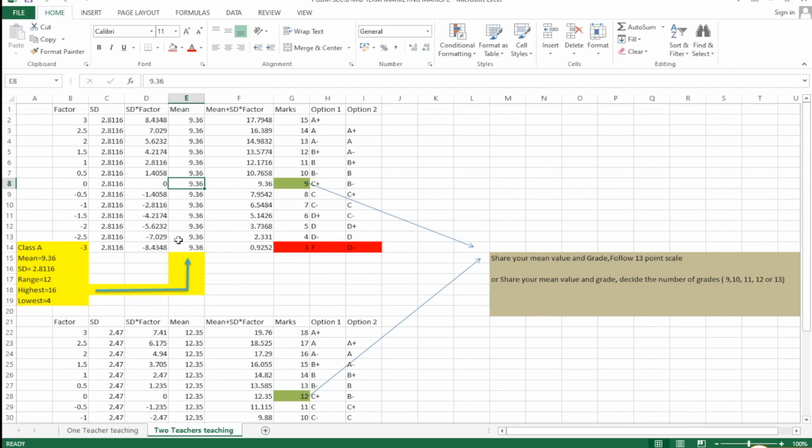Section A marks are like this, that it is having mean of 9.36. It is having standard deviation of 2.8116. So what he does is, he goes in for taking his grade C plus at 9.